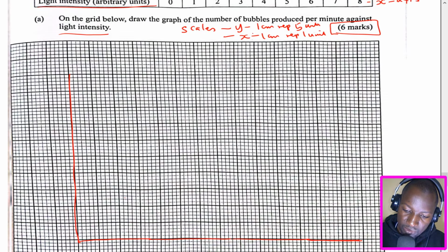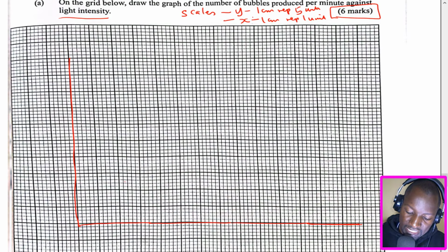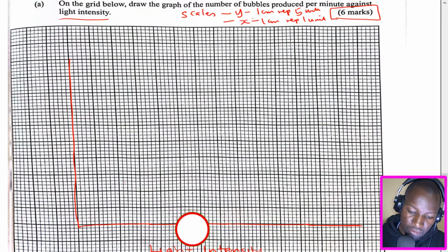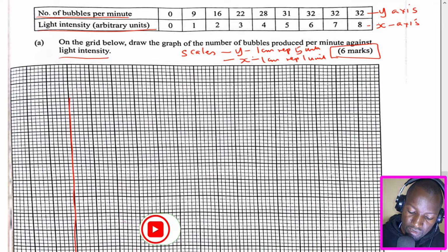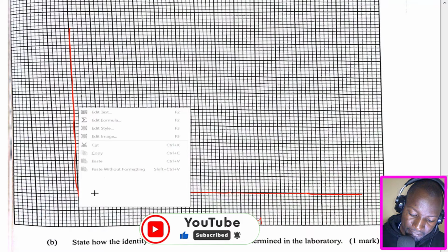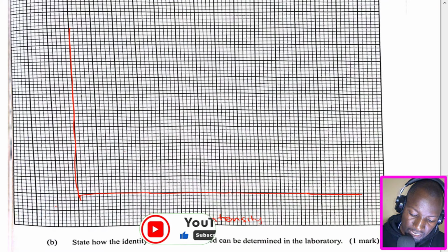On the x-axis, we are being told that we have light intensity. Now we have said we are going to use a scale of 1 centimeter to represent 1 unit, so we shall have our origin here as 0.